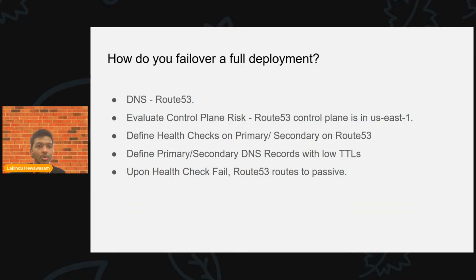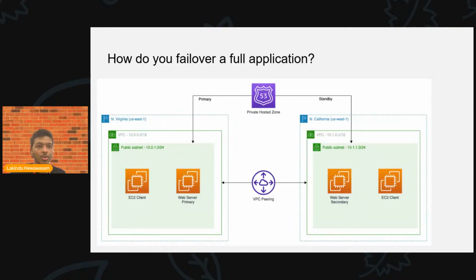And if by chance one of your regions is not healthy, Route 53 will immediately fail over to your secondary region, which is promoted from passive to active. And when the primary region comes back up, it will switch the DNS records back, and it will continue serving traffic in the ordinary way. So that's how you would really do a full application level failover.